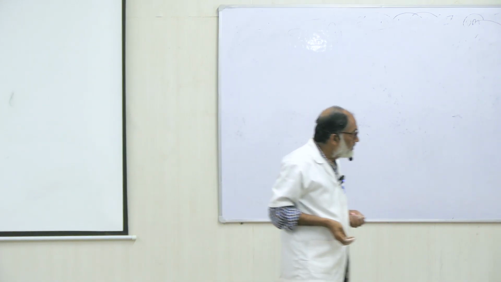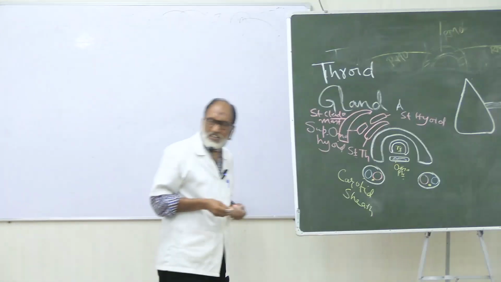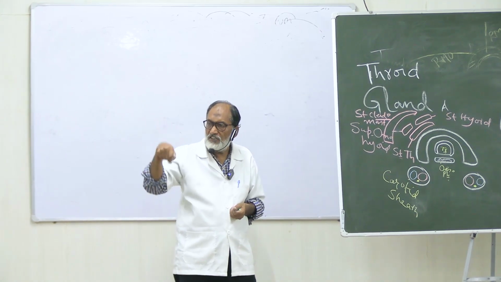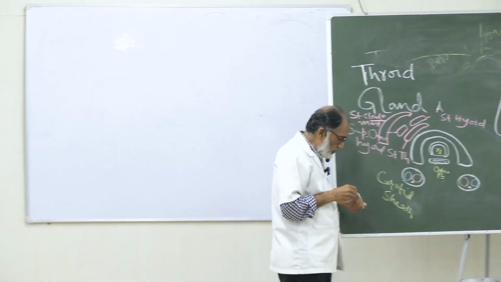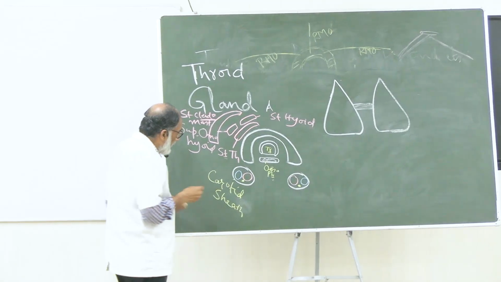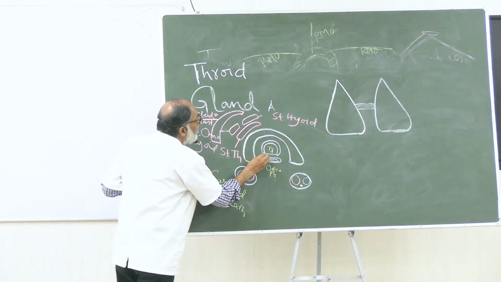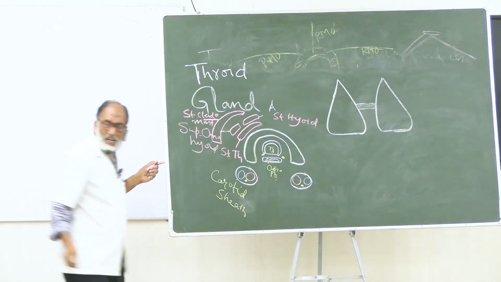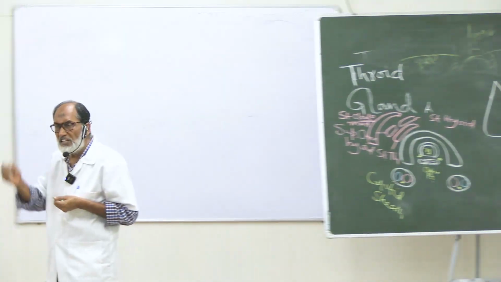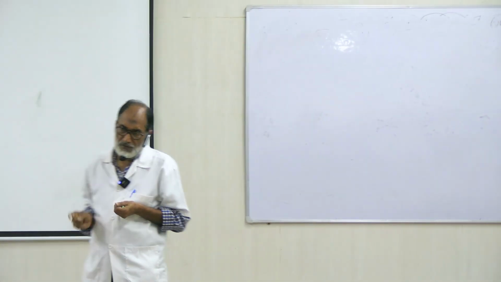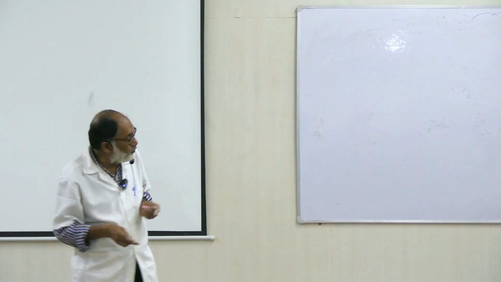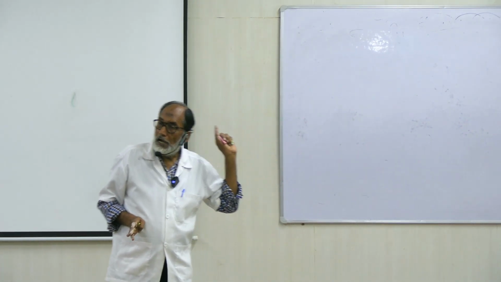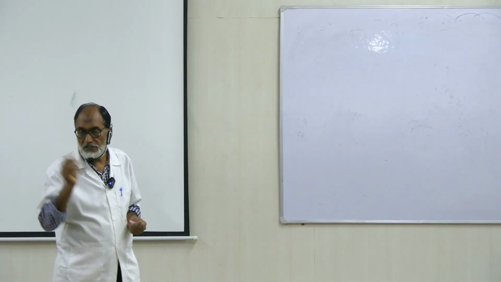One is the recurrent laryngeal nerve that lies in the groove between the esophagus and trachea. So here lies the recurrent laryngeal nerve. Another nerve is the external laryngeal nerve. So there are two tubes and two nerves and two muscles.